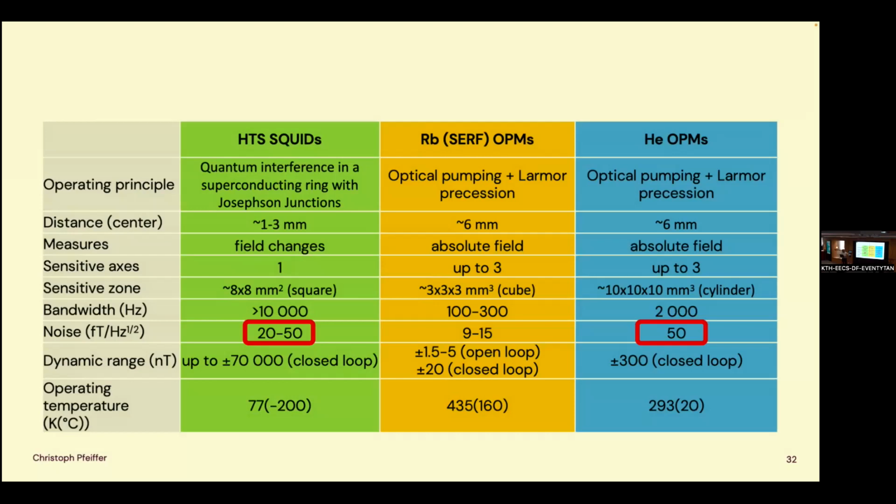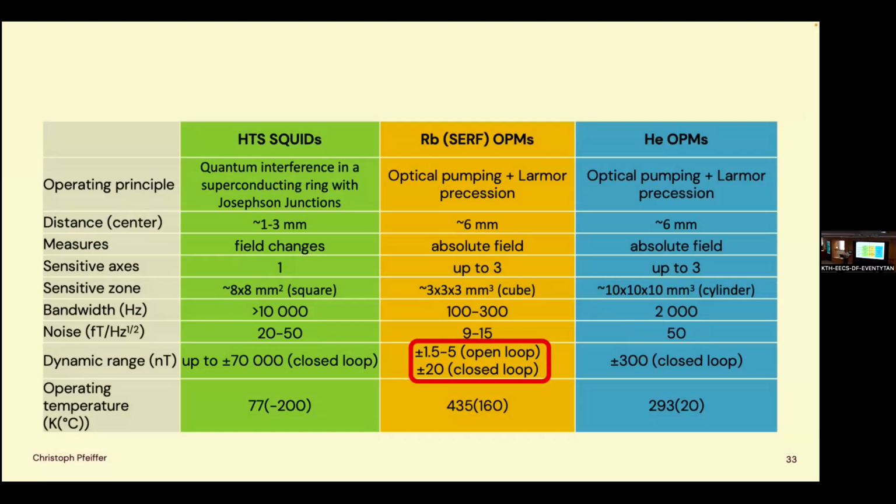So even surf OPM or alkali OPM is quite a bit higher in comparison, but not an order of magnitude, which the other two are. This is somewhat compensated by this increase in signal. So even with 50 femtotesla, we still see an increase in SNR for superficial areas.